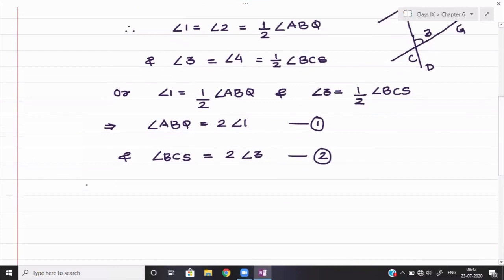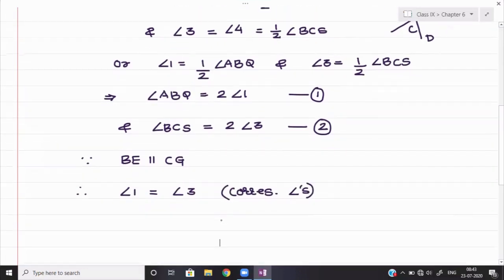We'll write down further. Since BE is parallel to CG, we can say that therefore angle 1 is equal to angle 3. Give the reason over here, corresponding angles. So these are our corresponding angles, therefore they are equal because lines are parallel.